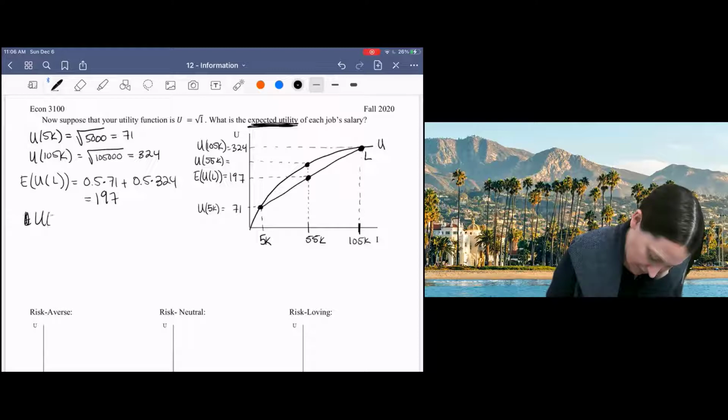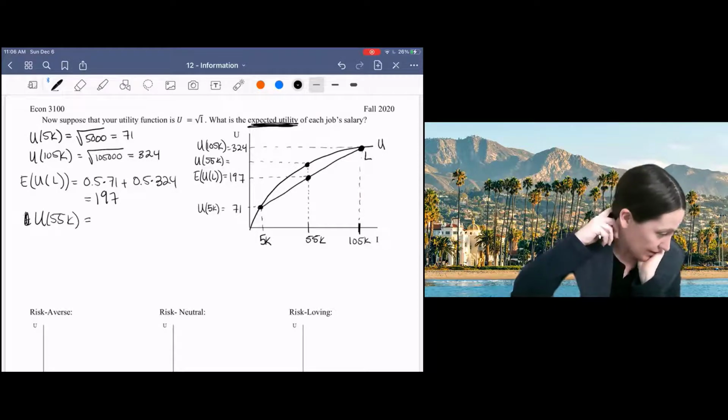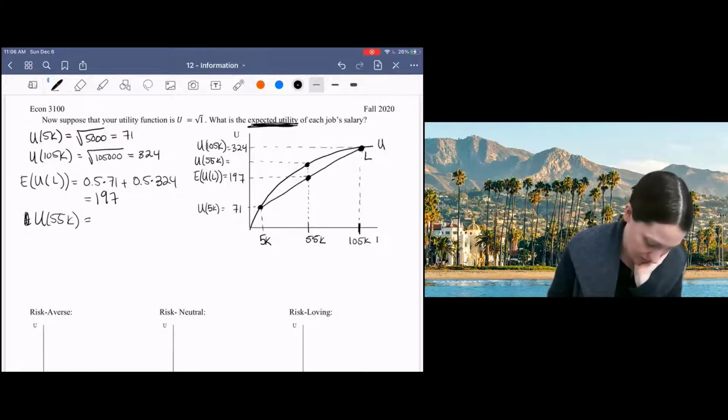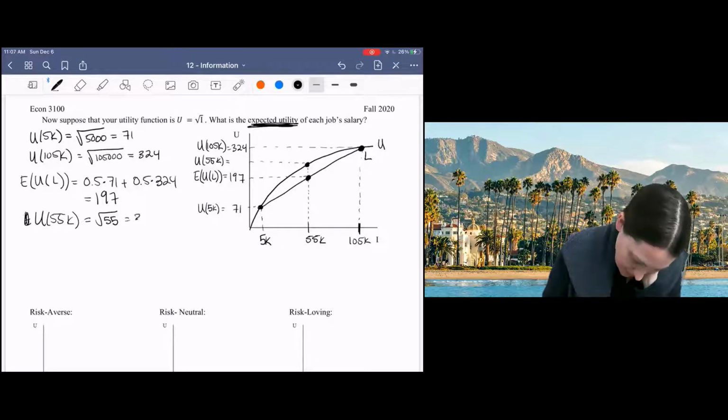The utility of 55,000 with certainty would be the square root of 55,000, which is 235.